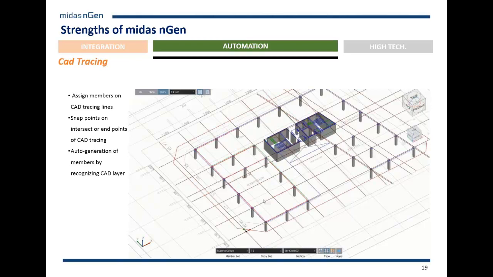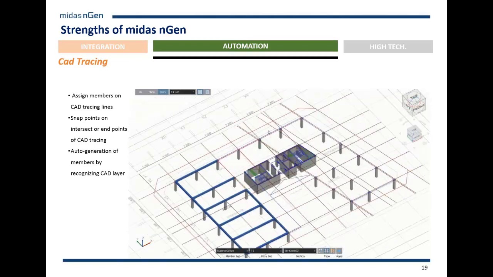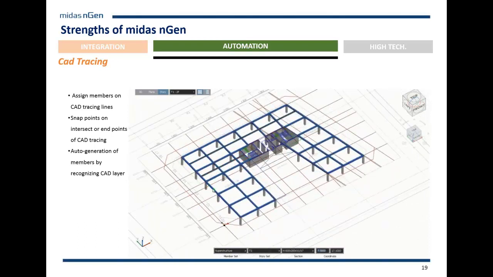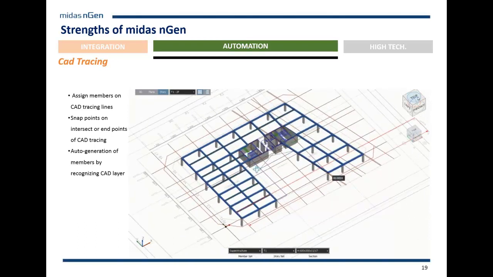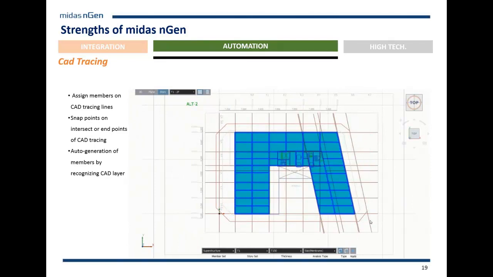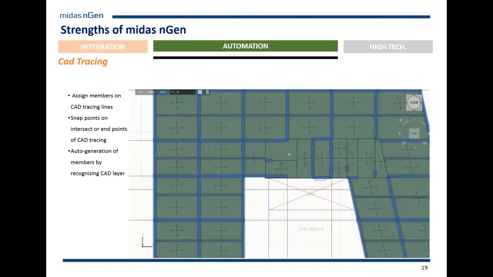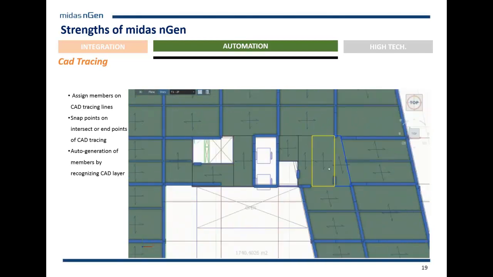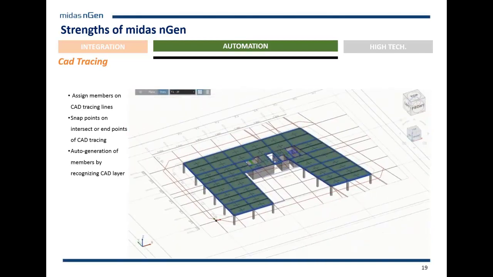By simply selecting the center lines of the beams, which were actually created as grid lines in the architectural drawings, that's also possible. And you can create them manually as well wherever you want the beams. Then further slabs also can be created by simply selecting all the beams, and wherever there are openings you can just delete those areas. So that's about the CAD tracing automation.